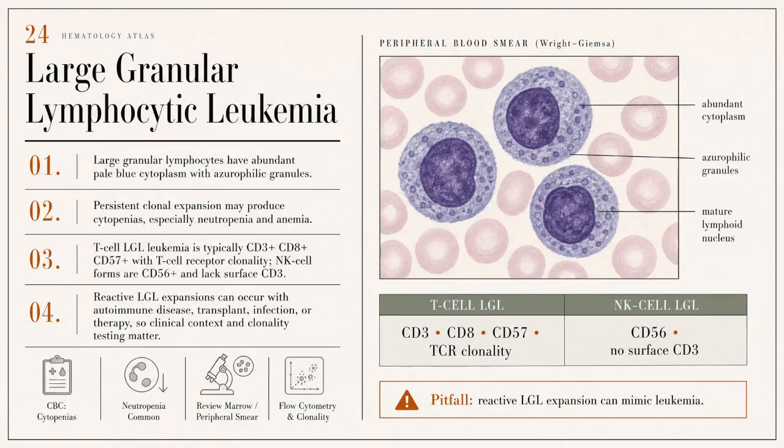In contrast, NK cell LGL leukemia lacks surface CD3, but expresses CD56 and other NK markers. Reactive LGL expansions, which may occur transiently in autoimmune diseases, infections, or post-transplant settings, are polyclonal and lack these clonal rearrangements. This distinction is critical because reactive expansions often resolve spontaneously, whereas clonal LGL leukemia requires clinical intervention.